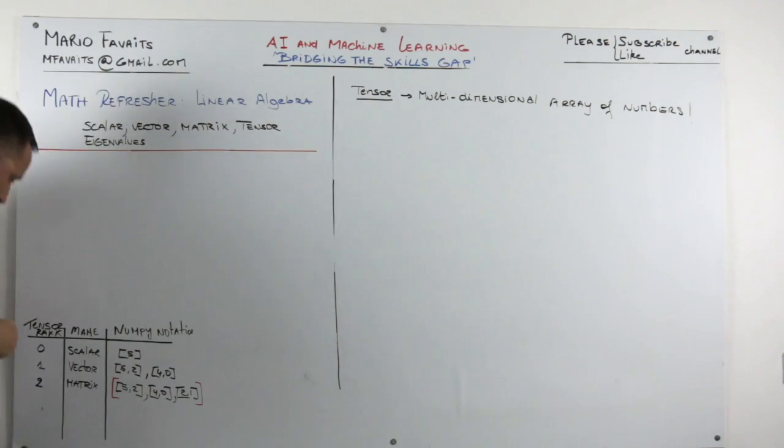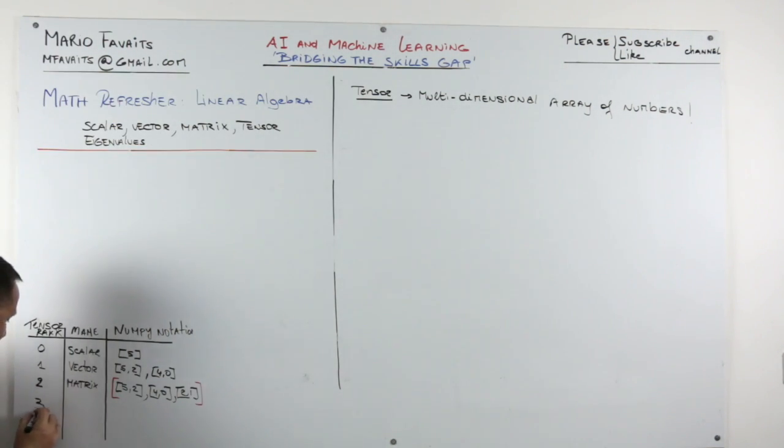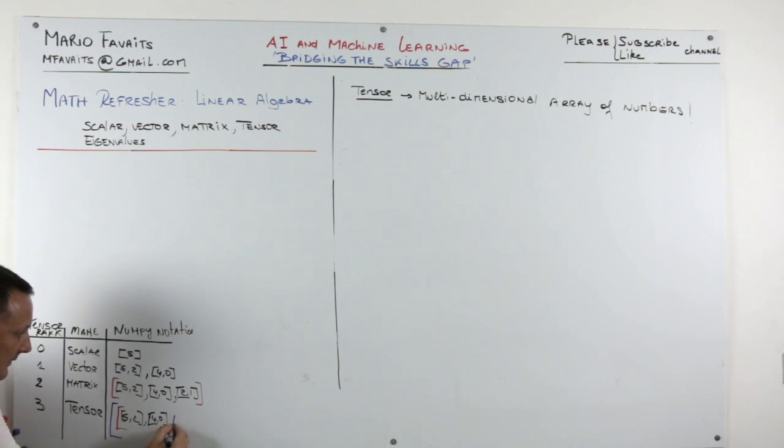Now here, I put a tensor of rank 3, and this we call a tensor, of course. And it's basically a block of matrices. So if you open the bracket for the tensor here, and then you open the bracket for the matrix, then inside we have these 3 matrices: 5, 2 in brackets, 4, 0 in brackets, 2, 1 in brackets.